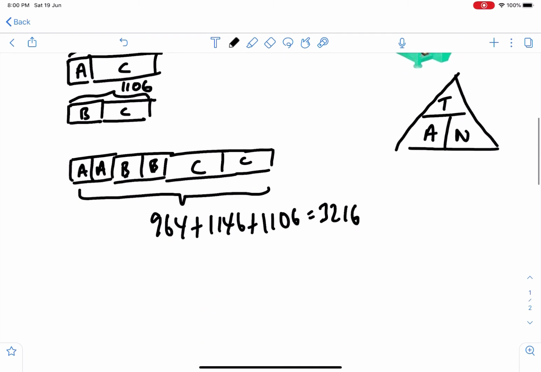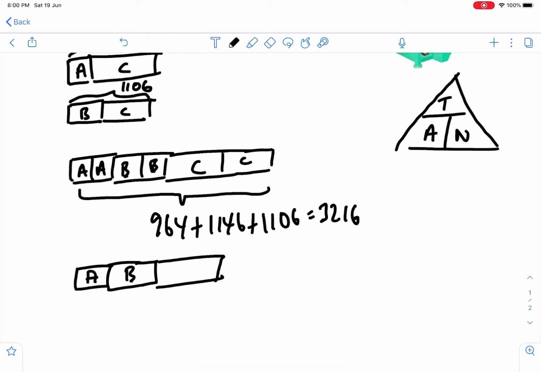Now since we have 2 of each, when we divide this entire model into 2, we will just get 1 of each. So when we take 3216 and divide it by 2, we will get the sum of A, B and C. 3216 divided by 2 gives an answer of 1608.